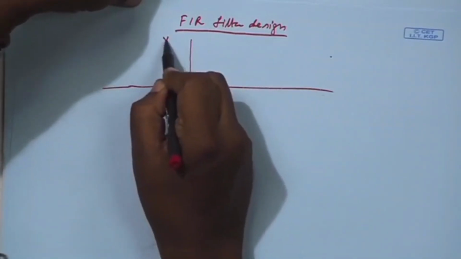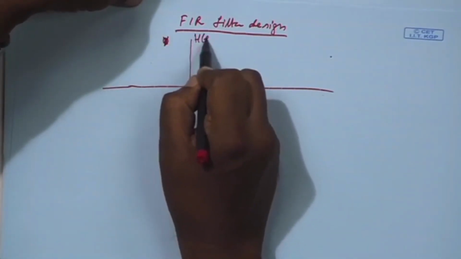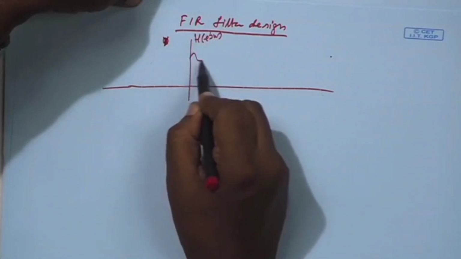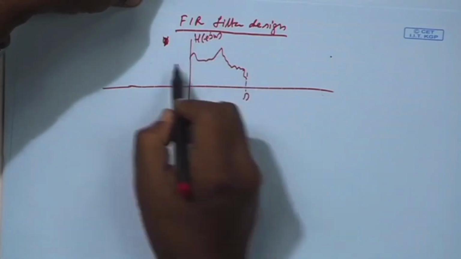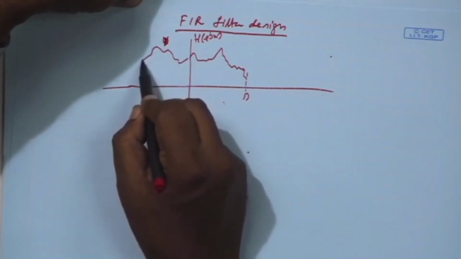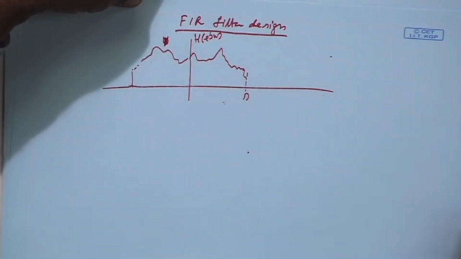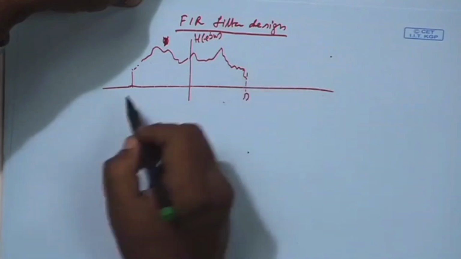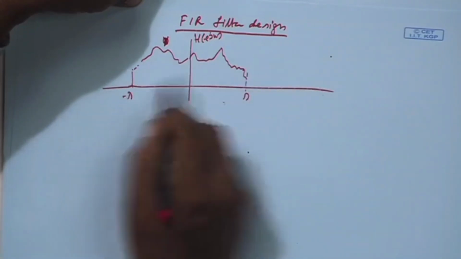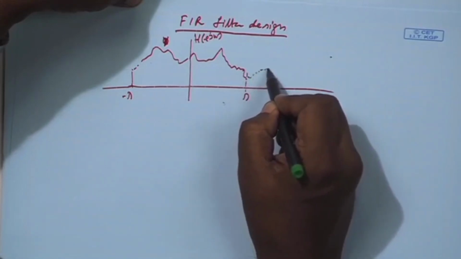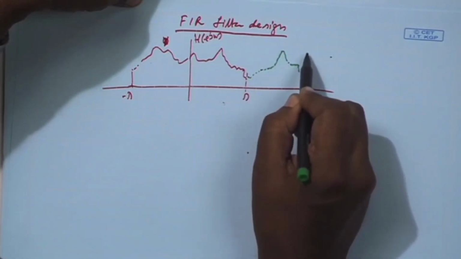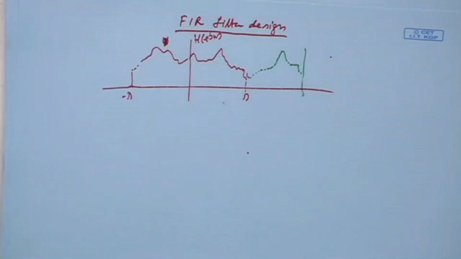Suppose you have one very arbitrary digital frequency response given. And therefore, its repetition, this is minus pi. Like that. Now, suppose you want to design an IIR filter.